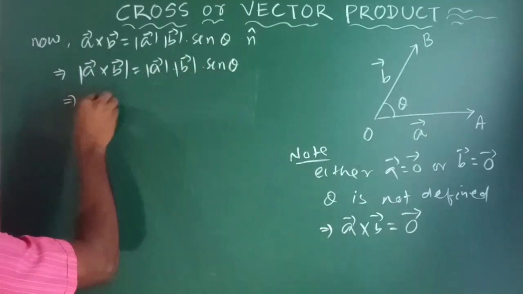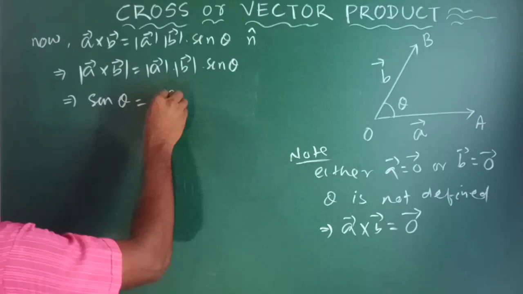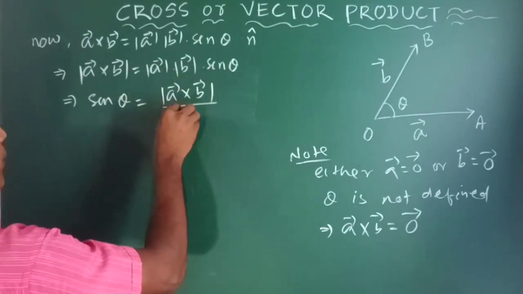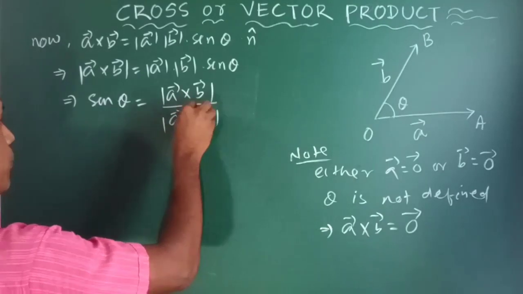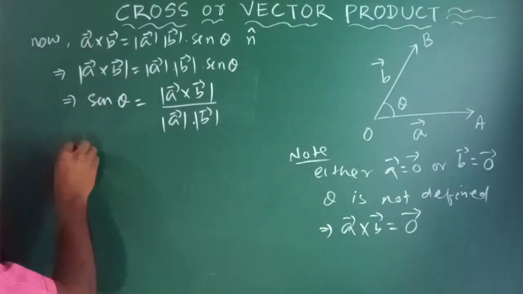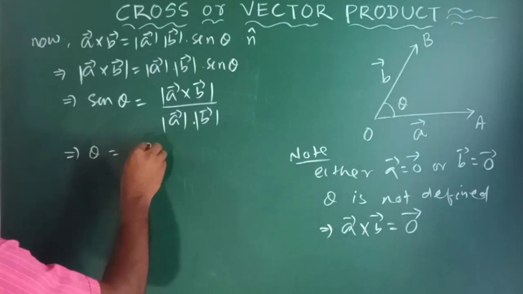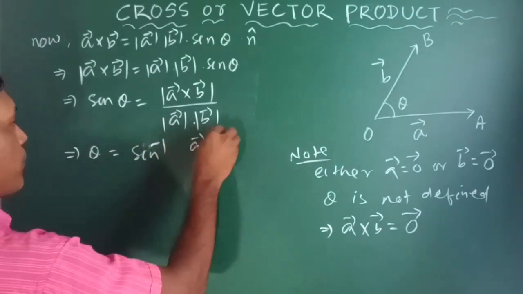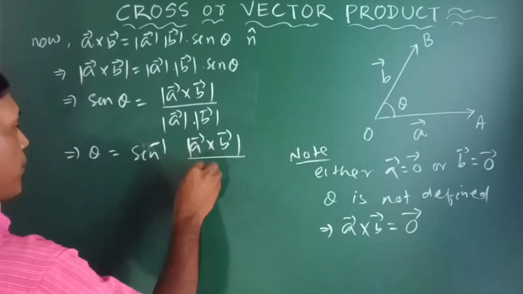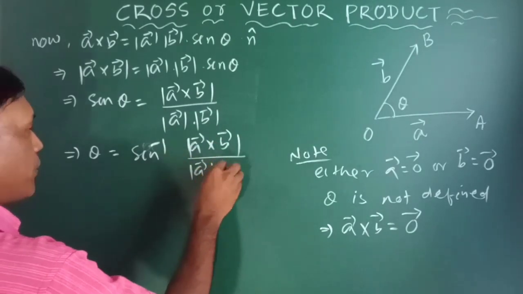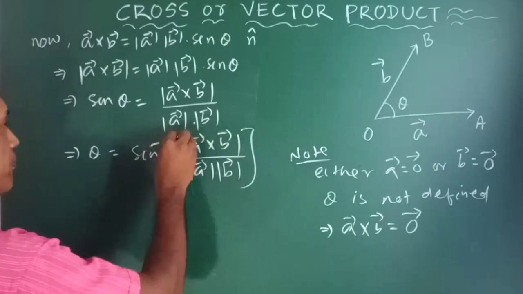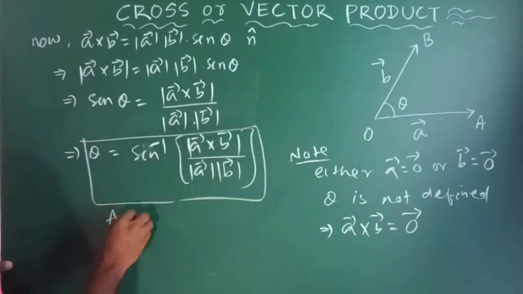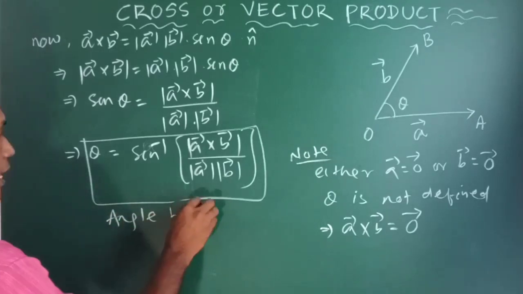From this you will find sin theta is equal to magnitude of A cross B by magnitude of A into magnitude of B, and theta is equal to sin inverse of magnitude of A cross B by magnitude of A into magnitude of B. This is the angle between two vectors.